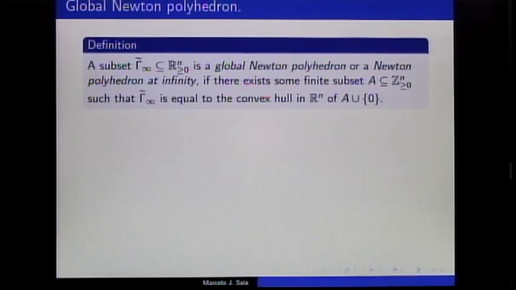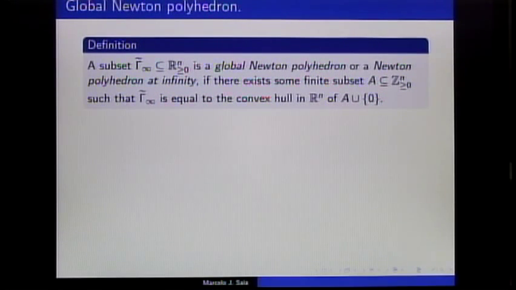Now we go to the global Newton polyhedron. The global Newton polyhedron is a little bit different, but it's done in quite the same way. We need to have a finite subset A, like the other.